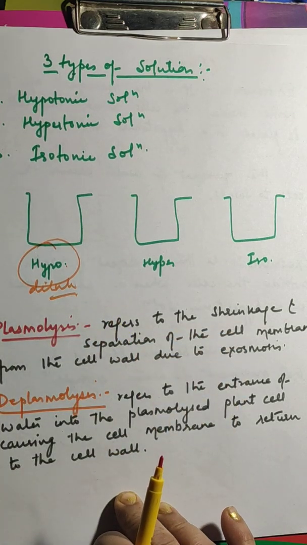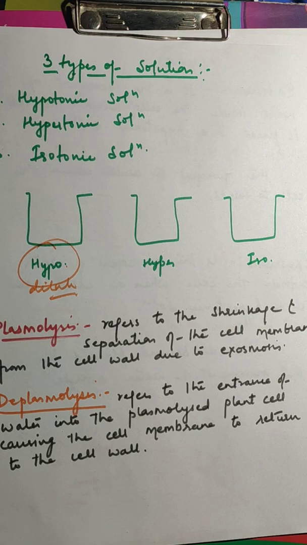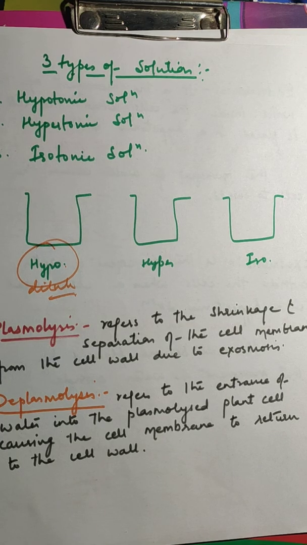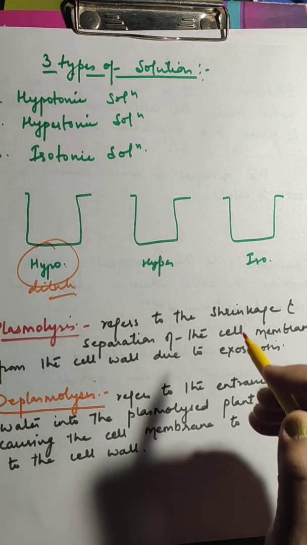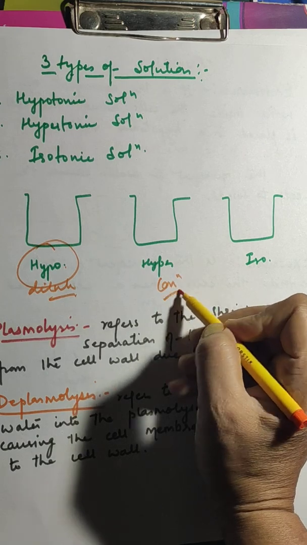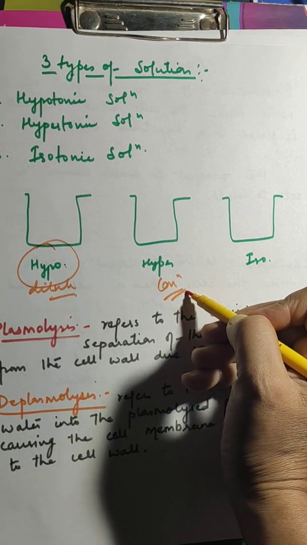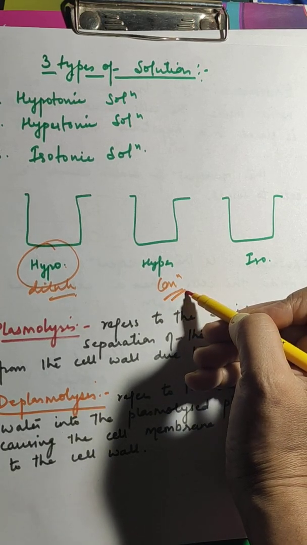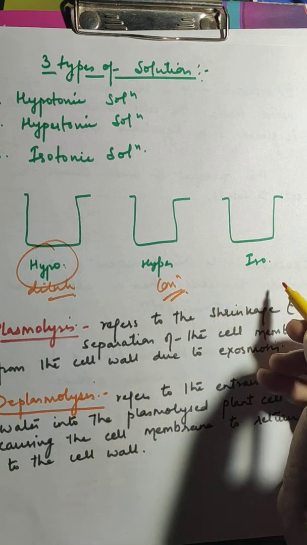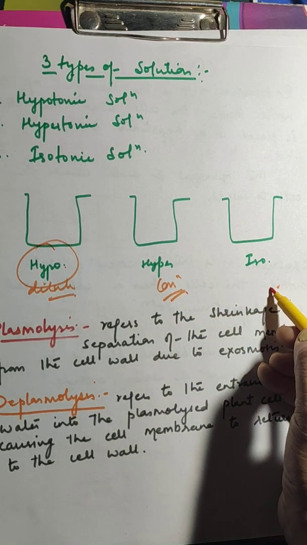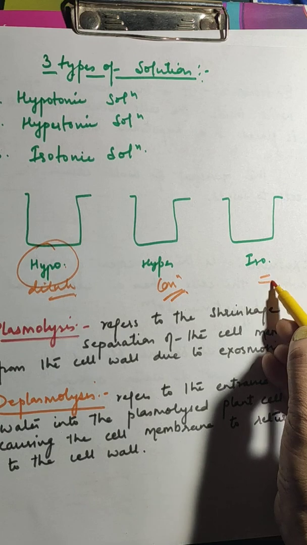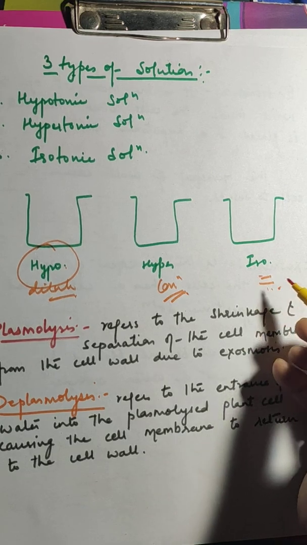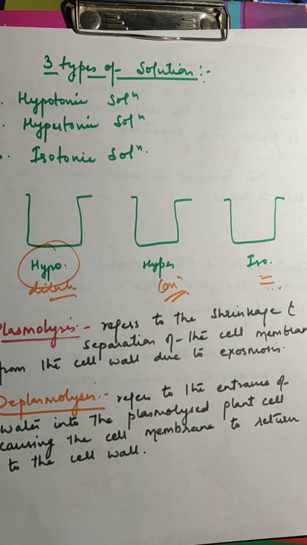A solution with more water and less solute is known as a hypotonic solution, and a hypertonic solution is a concentrated solution, which has less water and more solute. And an isotonic solution is a solution which has both present in equal amounts, solute as well as solvent.